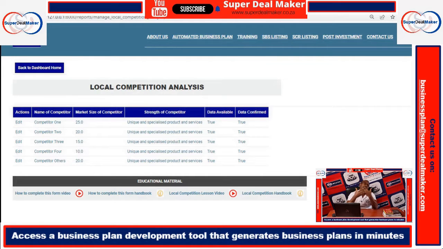Different businesses compete differently, and different businesses can compete with local competitors. Your local competitors can be in your village or in your suburb or in your town, or they can be in your municipality or in your district or in your province, depending on the type of business that you're operating. So if you are a mining company, you might be looking at competitors within the provincial setup instead of a village setup.